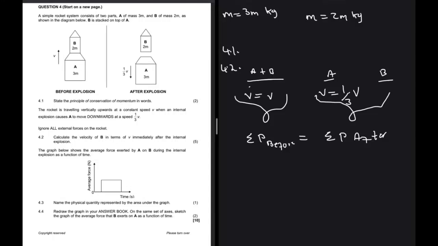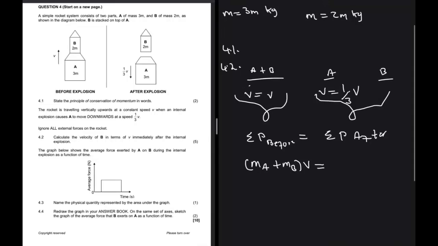Okay, so before, the masses are together, right? So that will be the mass of body A plus the mass of body B, and they're traveling at the same velocity. That's what the question states. And then after, A goes down, so we'll have the mass of A and the velocity of A, which we're given.